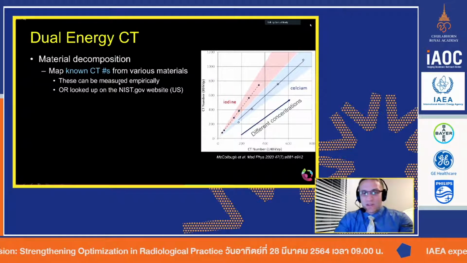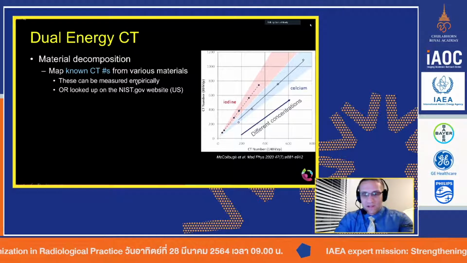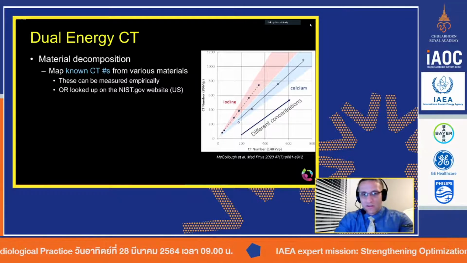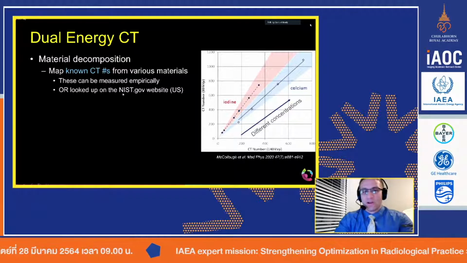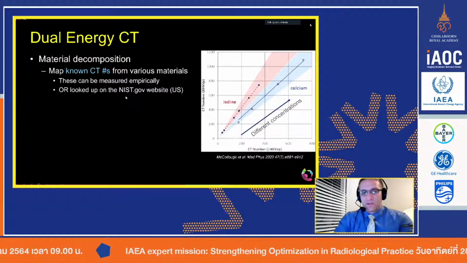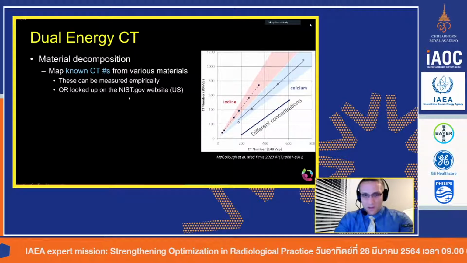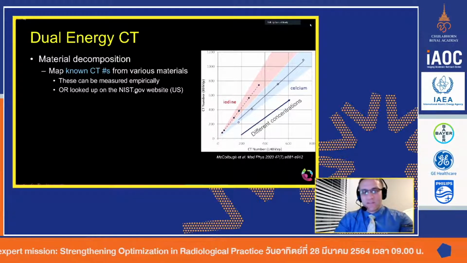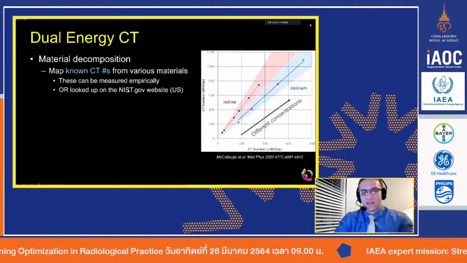So once again, we can either go through and actually measure all of these tissue types or these various different concentrations of different materials, or you can actually go. Now, I don't know if the Thai government has something equivalent to what we have here in the US. But we have a website, the National Institute of Standards and Technology.